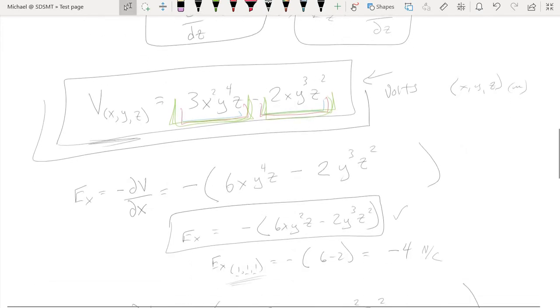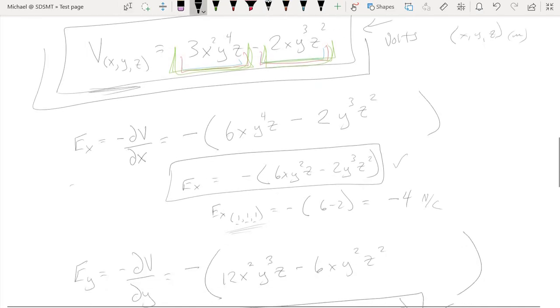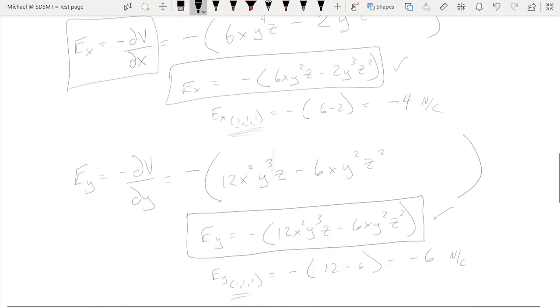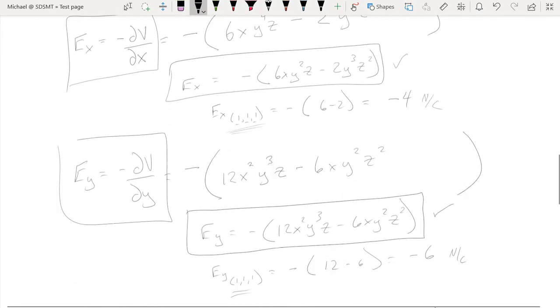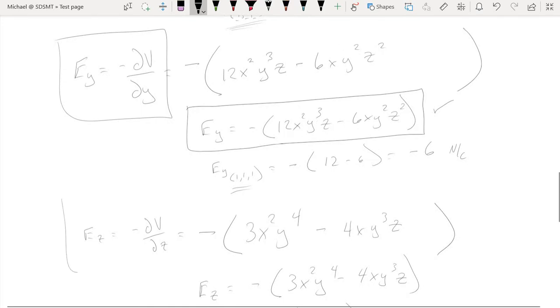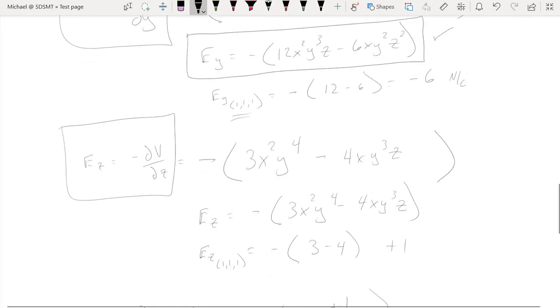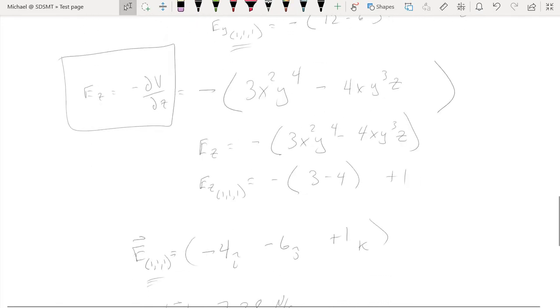But now we can see how we can take a potential function for electric potential, and we can convert it back to the appropriate x, y, z values of the electric field vectors.